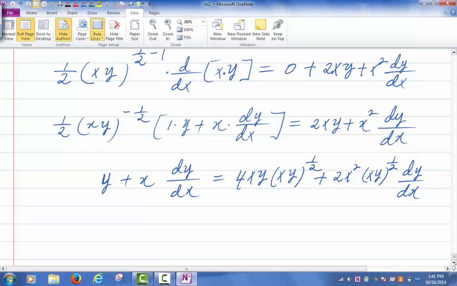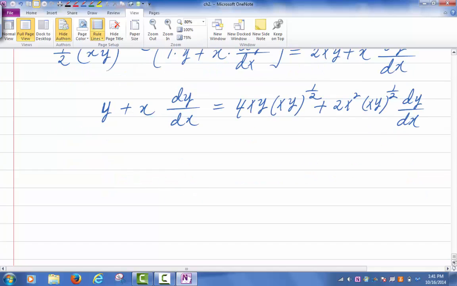Alright, so now let's simplify a little bit. You get (y plus x) times dy/dx. Notice that I have x times x to the half here. So what is x times x to the half?